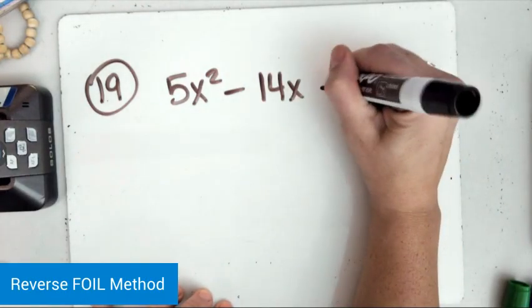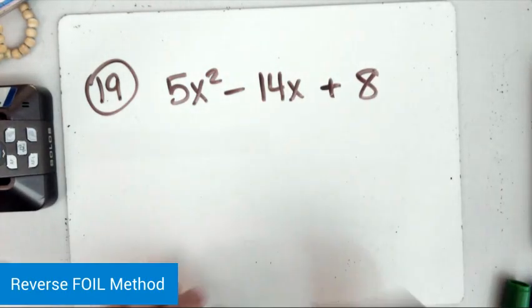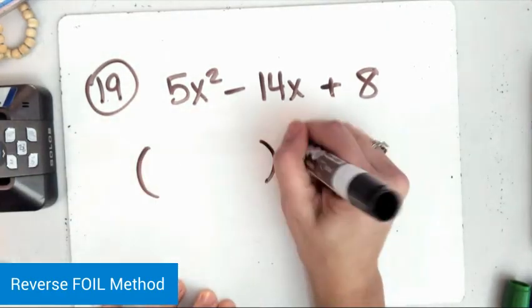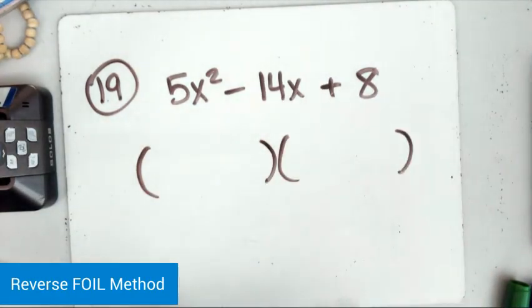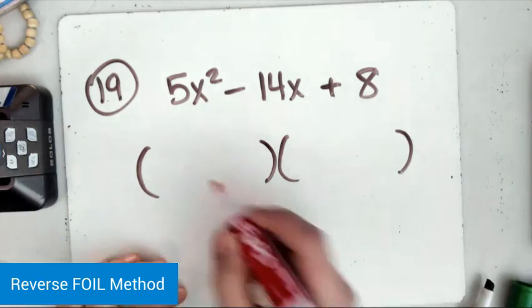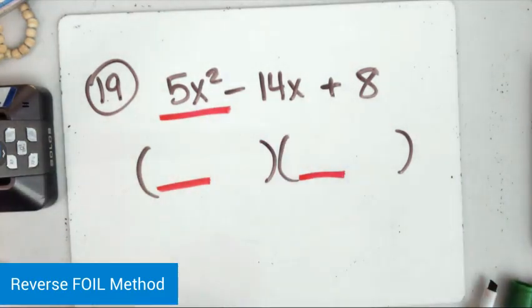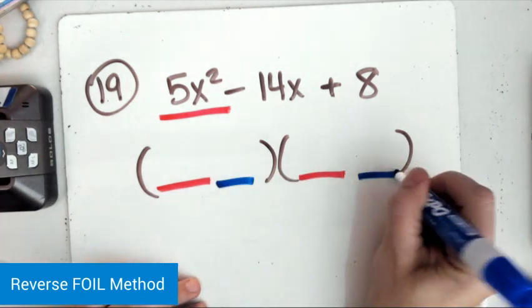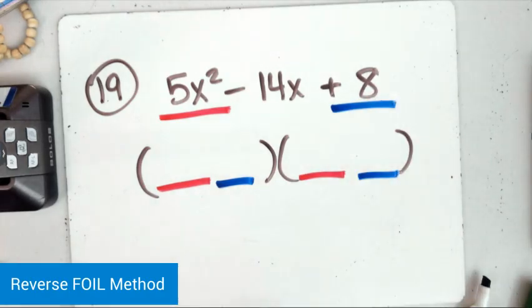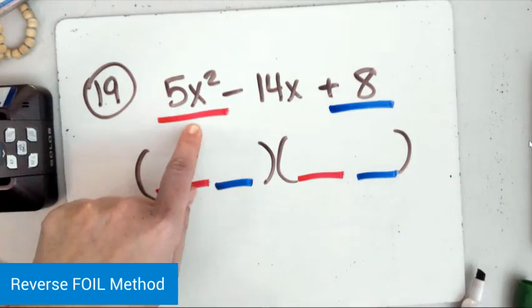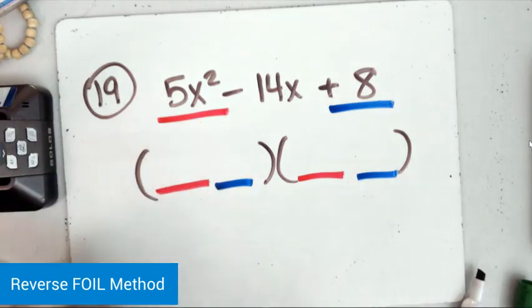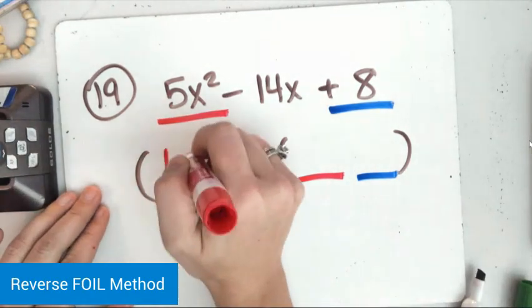What's the one you just did? First times the first is going to be this one. Last times the last is going to be this one. This one's pretty easy, right? 5x squared can only be 1x and 5x.